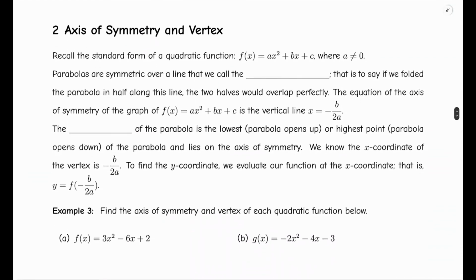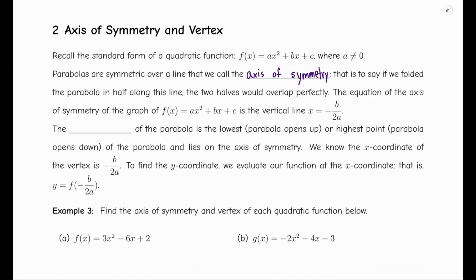Part 2, axis of symmetry and vertex. Recall the standard form of a quadratic function, f of x equals ax squared plus bx plus c, where a does not equal 0. Parabolas are symmetric over a line that we call the axis of symmetry.